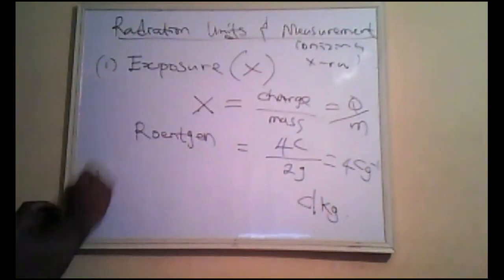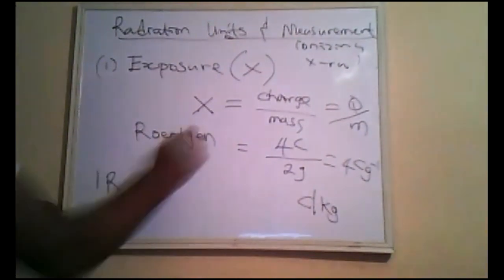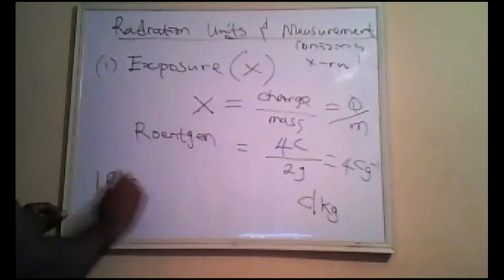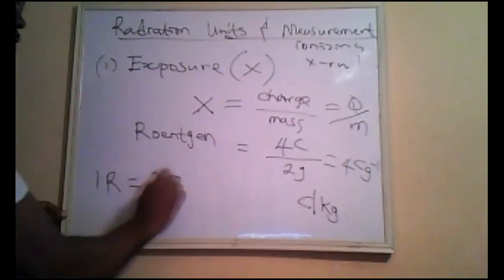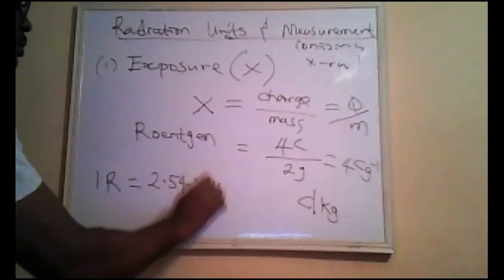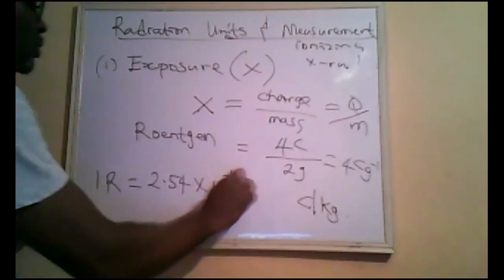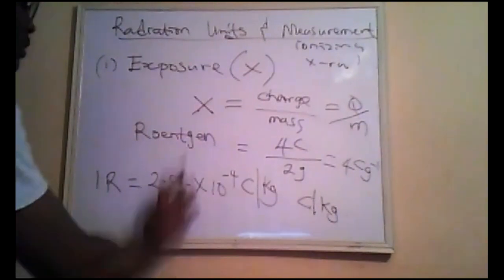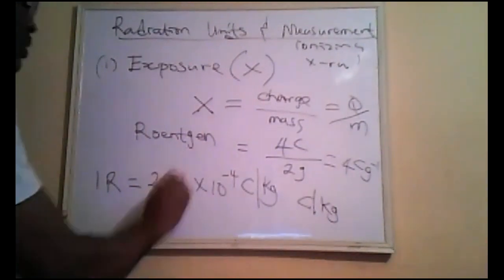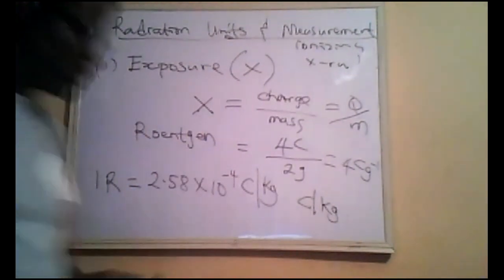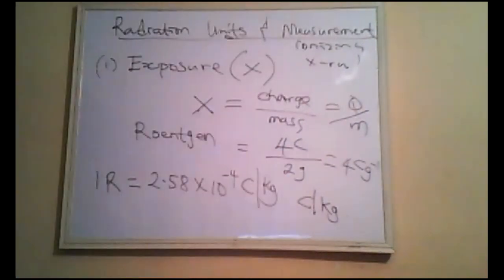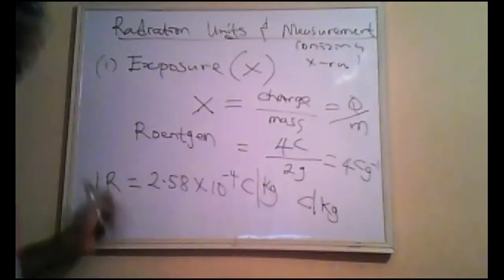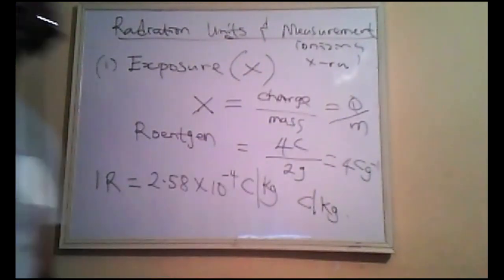And the conversion is this: 1 Röntgen is 2.58 times 10 to the power of -4 coulomb per kilogram. So that's the relationship. If you have the unit in coulomb per kilogram, you can convert to Röntgen and vice versa.